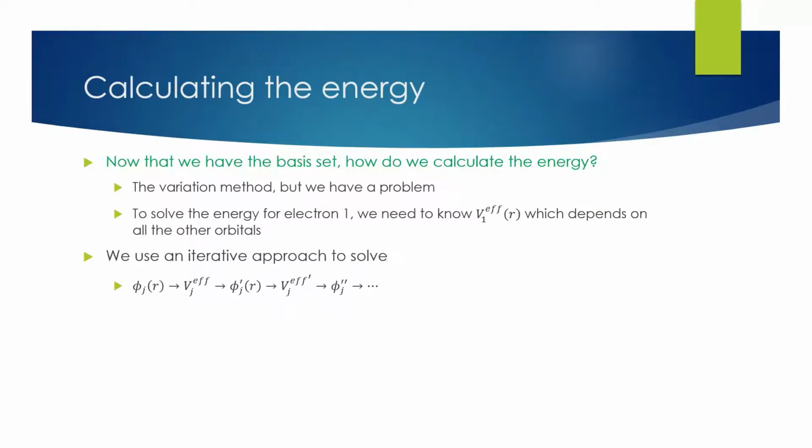We can build that back in, and we get a new wave function. We use that to get a new V effective, and then a new wave function, and so on, until we get what's called a self-consistent model, where iterations no longer change the energy. So we reach an energy minimum, and we say, at this point, this is the best energy that we can get. We've actually achieved the minimum here.